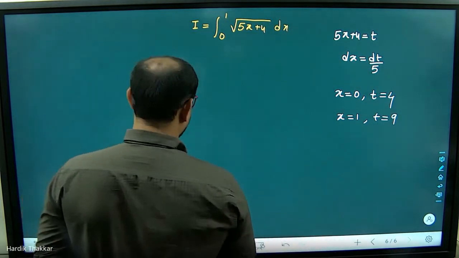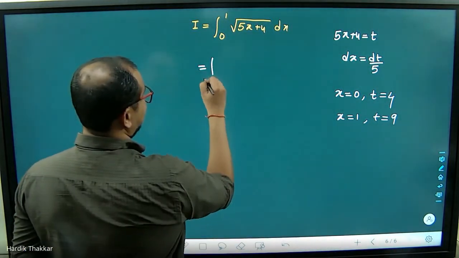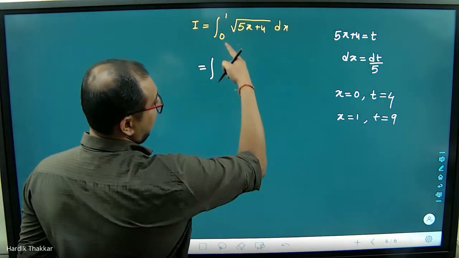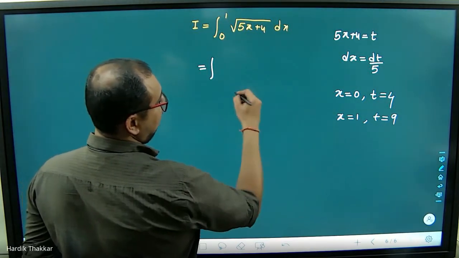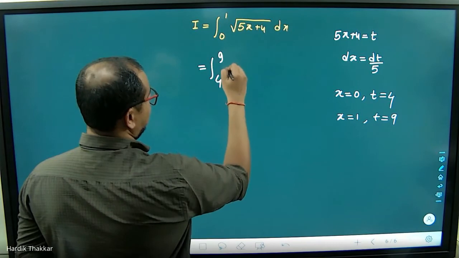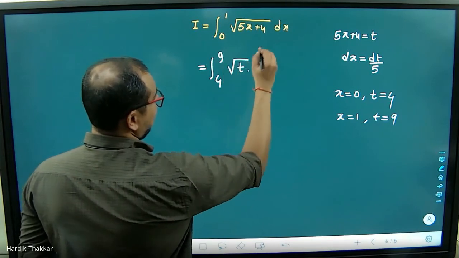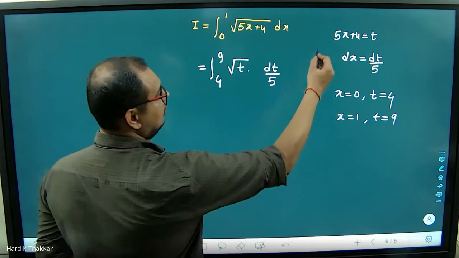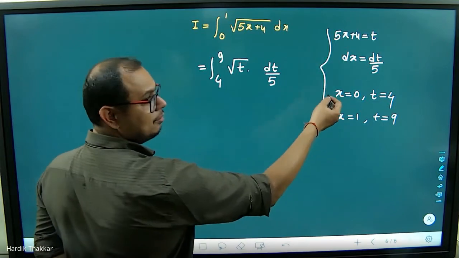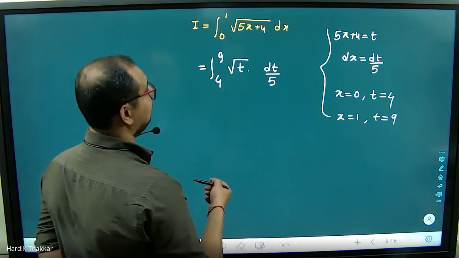So this complete integral will now be from 4 to 9, instead of 0 to 1, and it is root t dt. If we are solving it in the form of other variables, we cannot directly write 0 and 1 limits for root t.